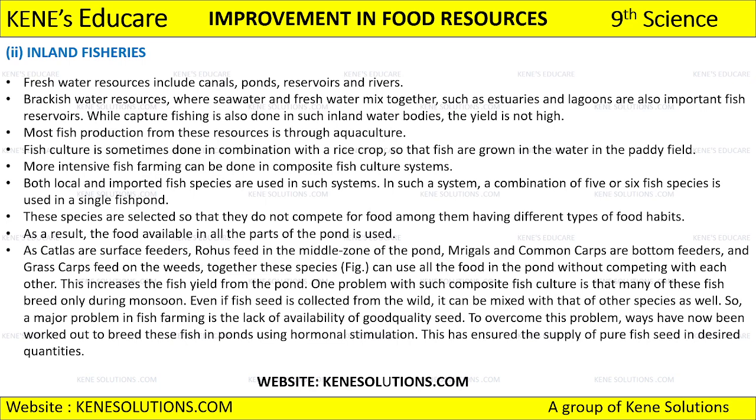A major problem in fish farming is the lack of availability of good quality seeds. To overcome this problem, different ways have been worked out to breed these fish in ponds using hormonal stimulation, and this has ensured the supply of pure fish seed in the desired quantity.